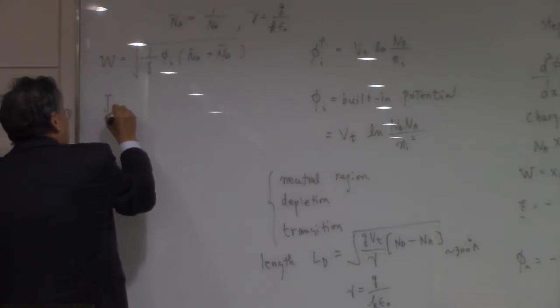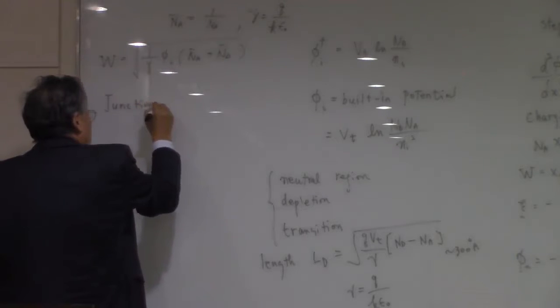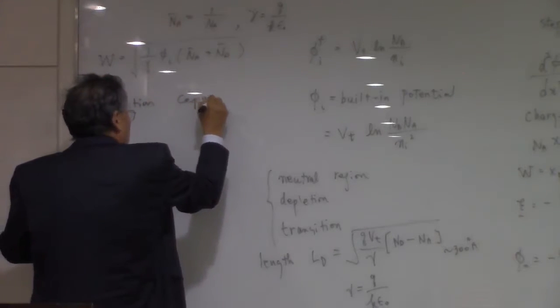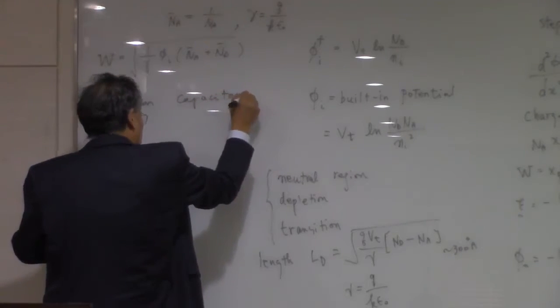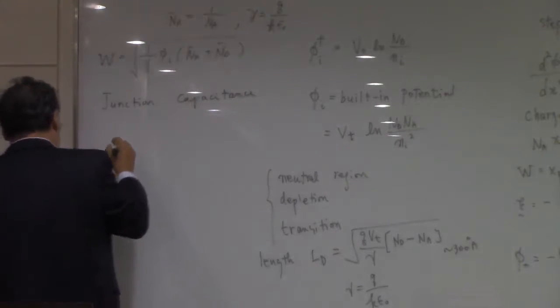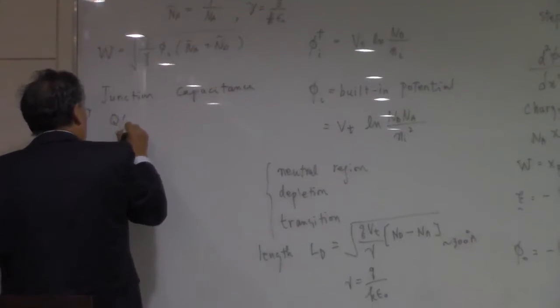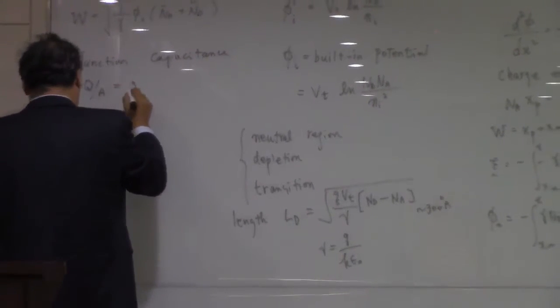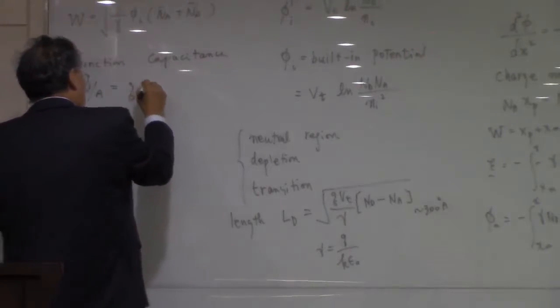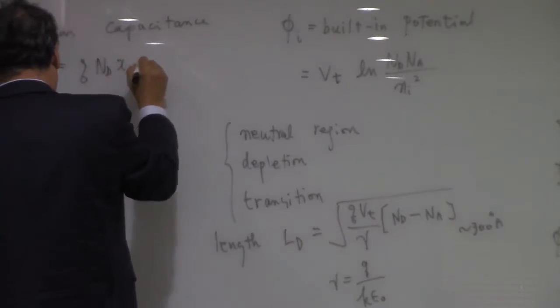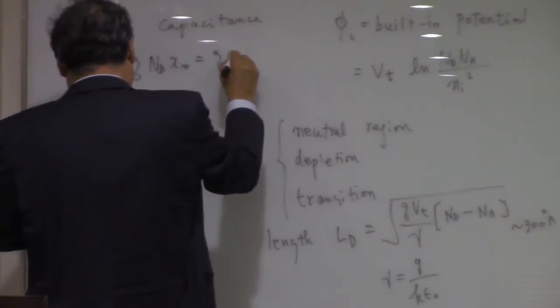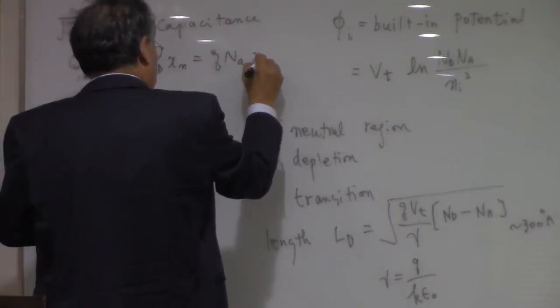And we discussed the junction capacitance, which is Q over A, and then the charge is Q Nd Xn, or Q Na Xp.